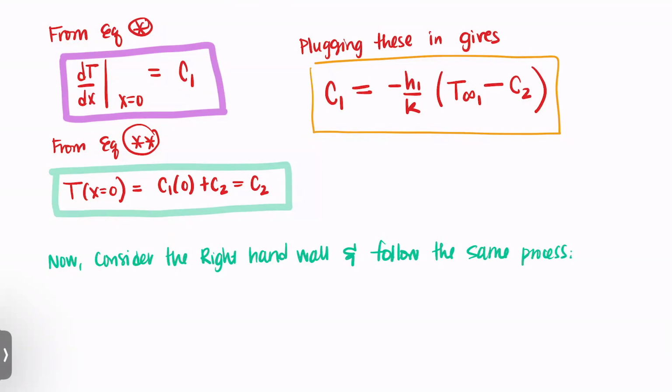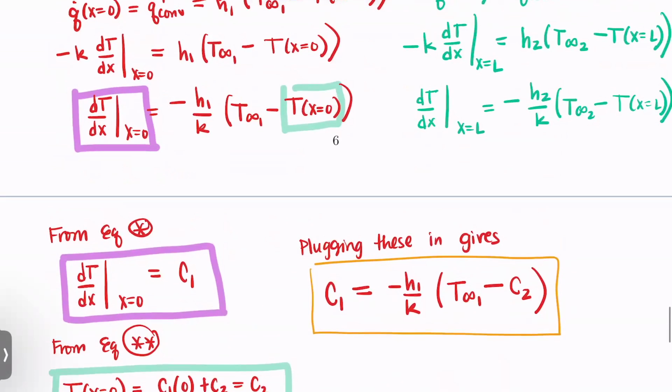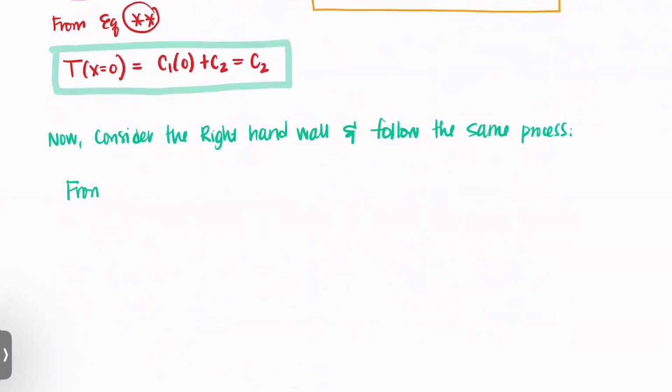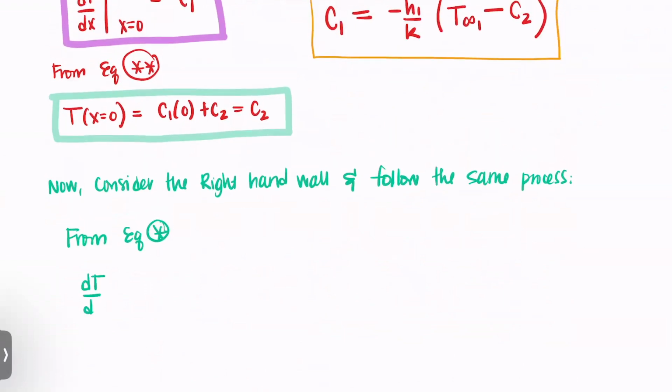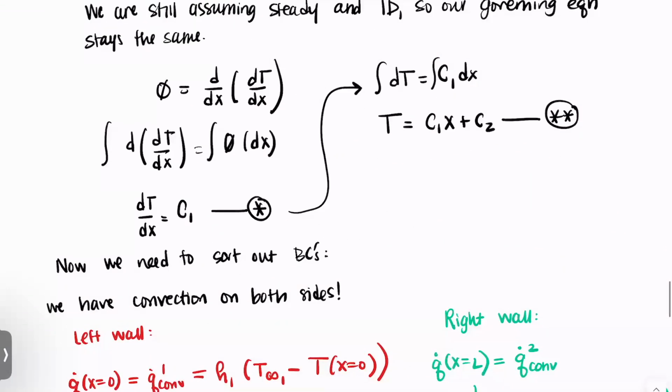If we look at our equation for the right-hand wall, we are going to need an expression for dT/dx evaluated at x equals L, as well as an expression for T at x equals L. We're going to use equation star again, and we want to find dT/dx at x equals L. If you remember, equation star just tells us that dT/dx is equal to C1 all the time, no matter what x location you're at.